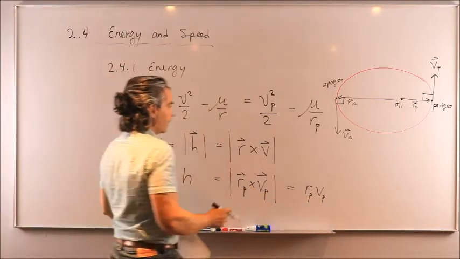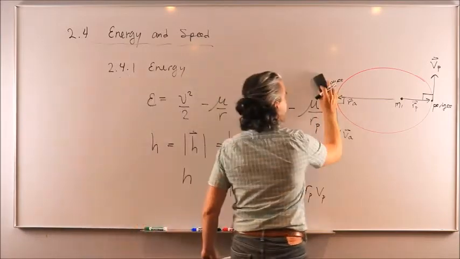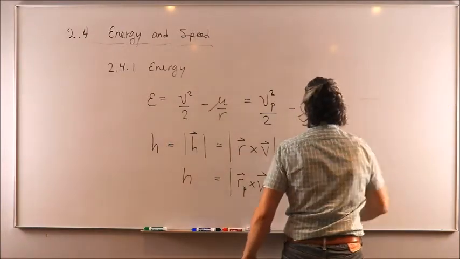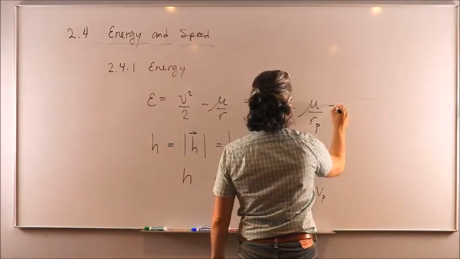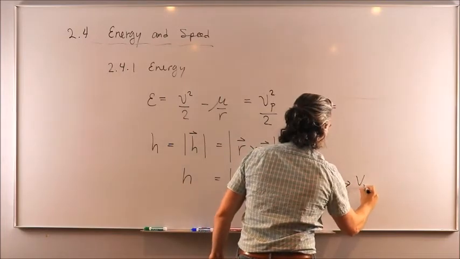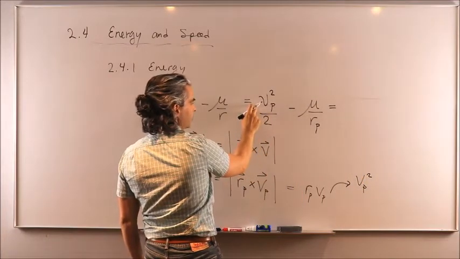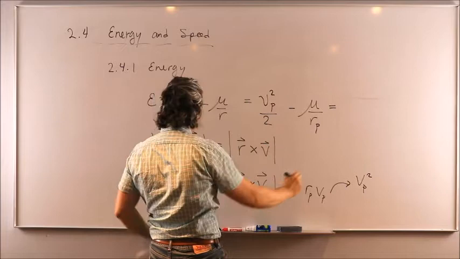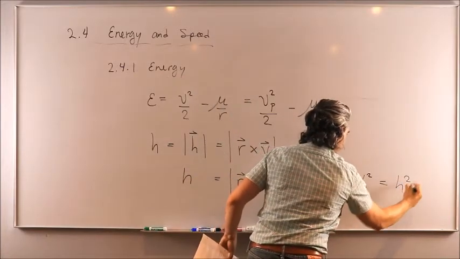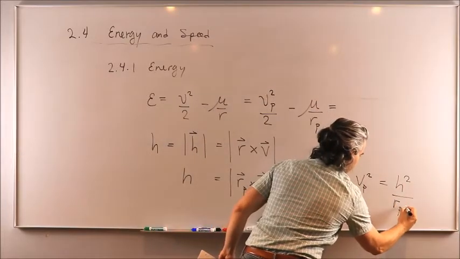Okay? Which means that going back to my first expression for the orbital energy at the perigee, I can then rewrite it differently by making use of the fact that Vp squared, which is what we have here in the numerator, the first term, will be equal to h squared over rp squared.